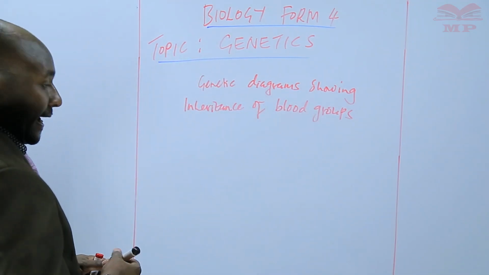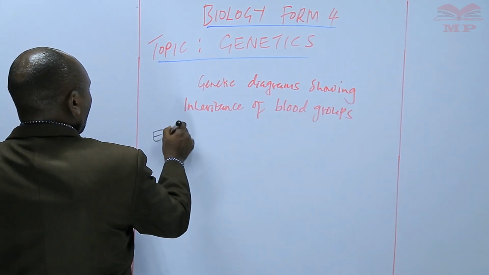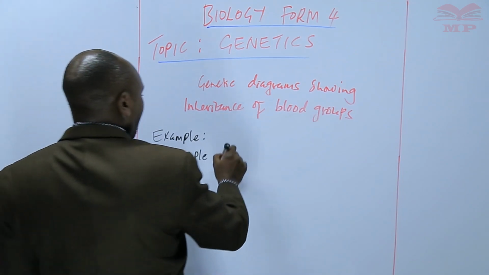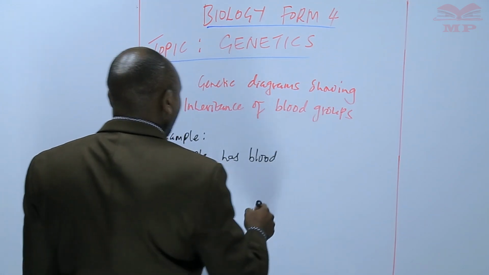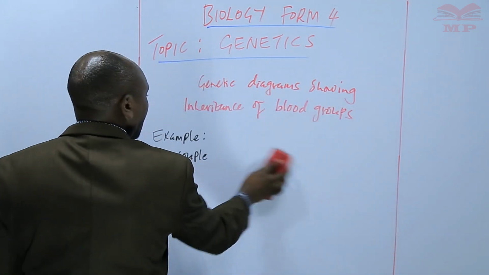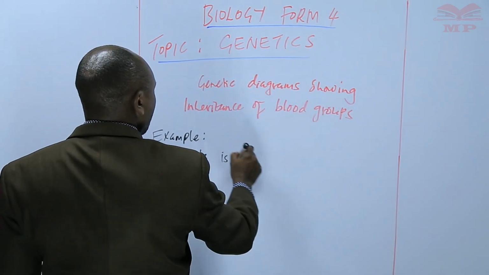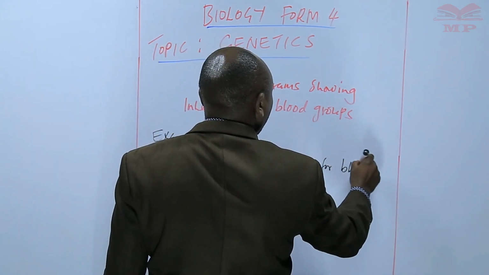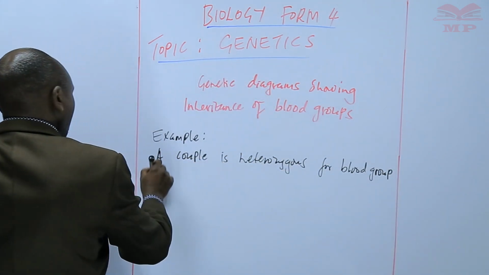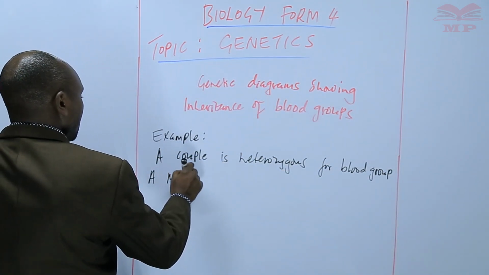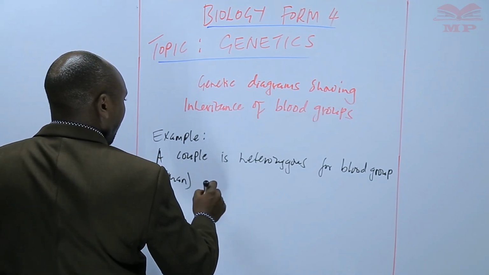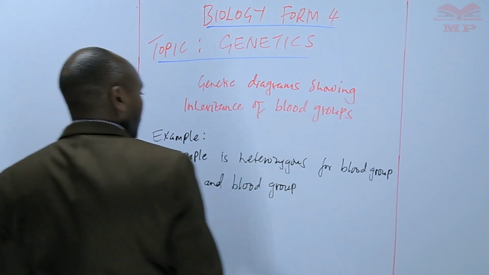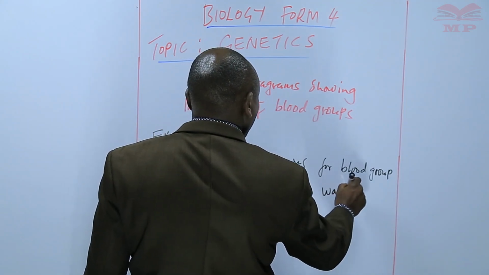Now, we'll take a scenario where a couple is heterozygous for blood group A, that is the man, and blood group B, that is the woman.